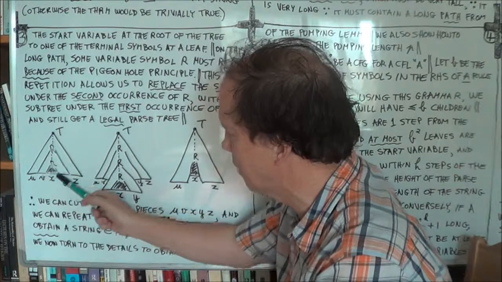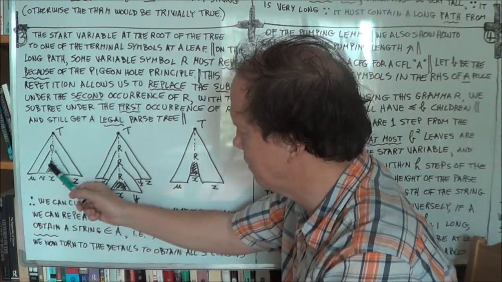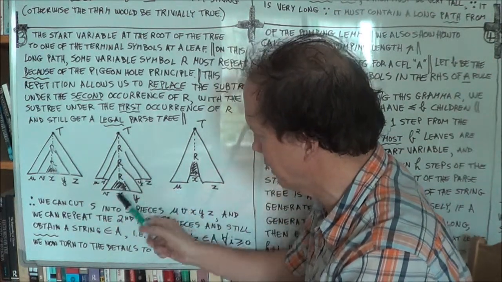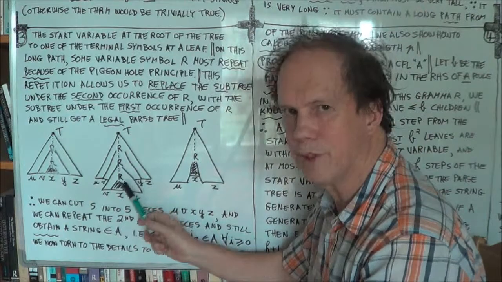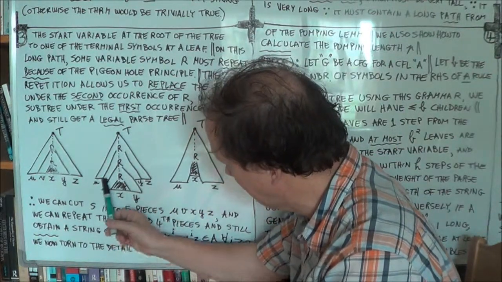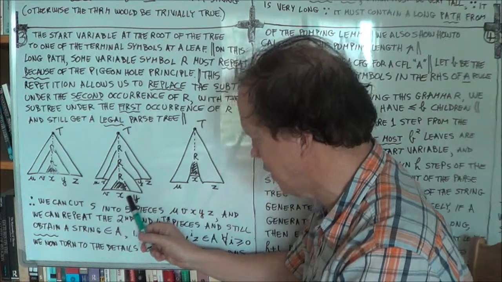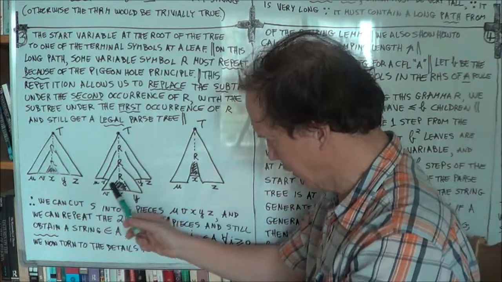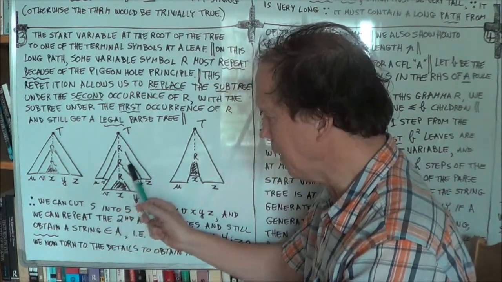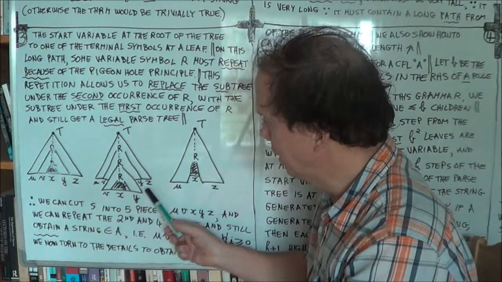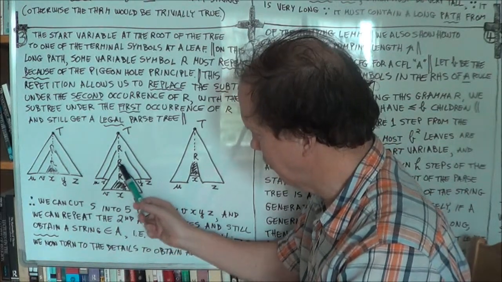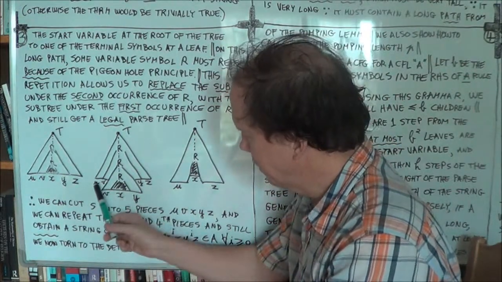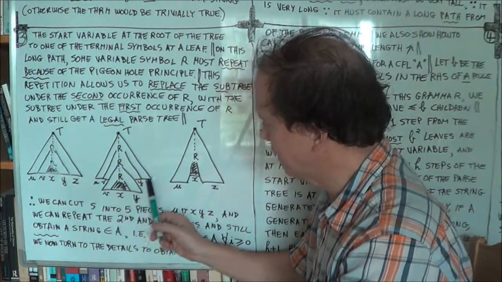But you've now taken this bigger one and put this apex of the triangle here. So you now have this triangle, but this subtree has a v, the same v, and has this region here, this substring y, which is the same as that. So now we've got a string that belongs to the language, because you can keep generating it from these R's, and so now you've got a string u, v, v, x, y, y, z.